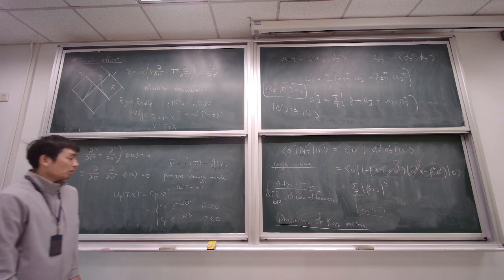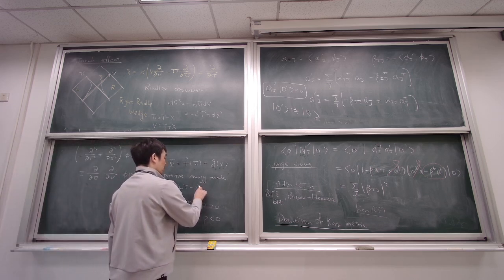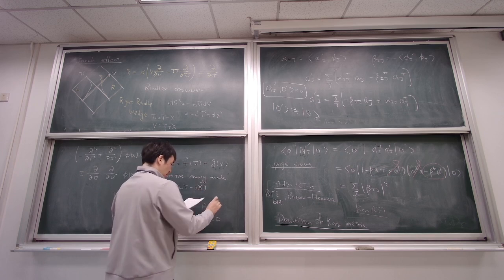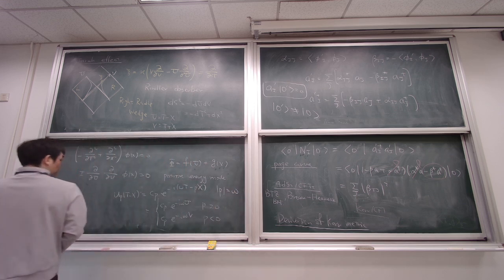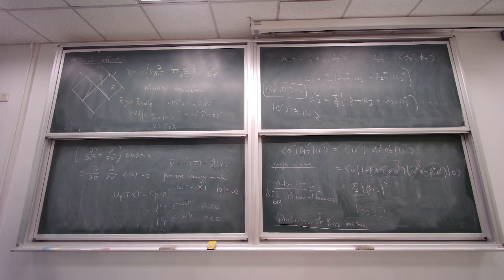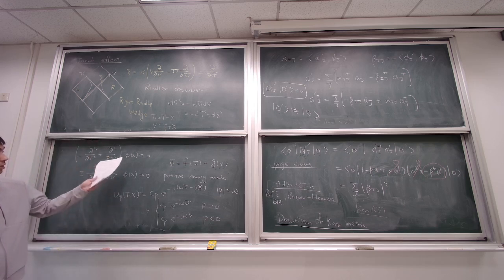Okay, like this way, where p is like this one. So this is the solution of this Klein-Gordon equation, as you can easily see.